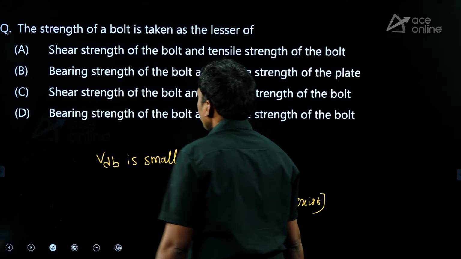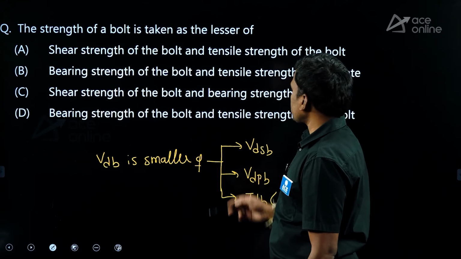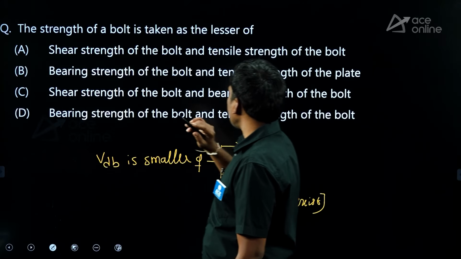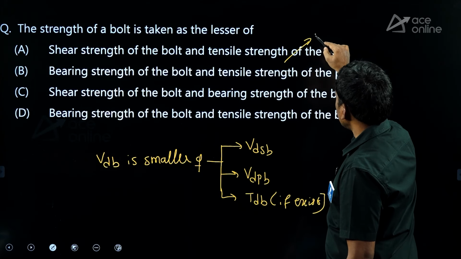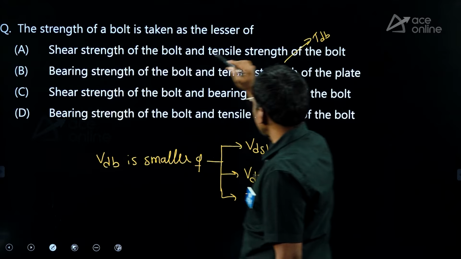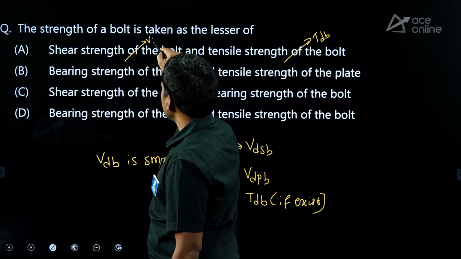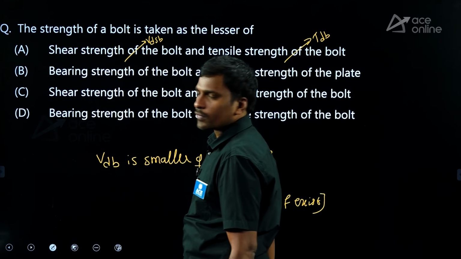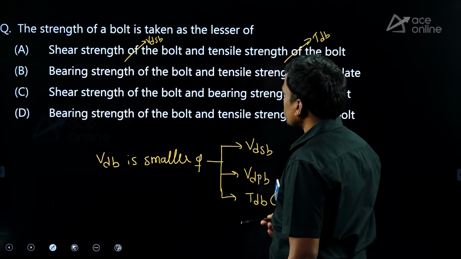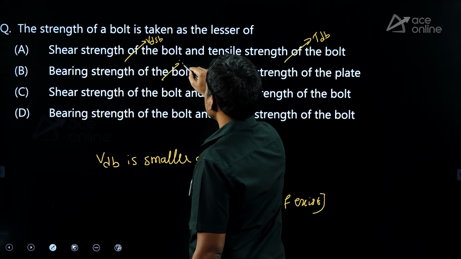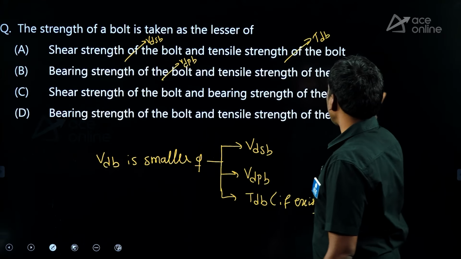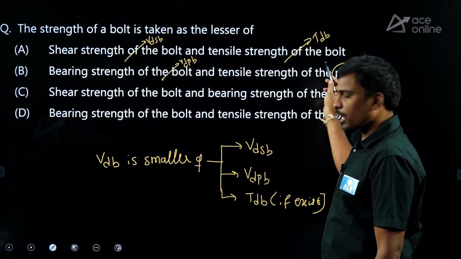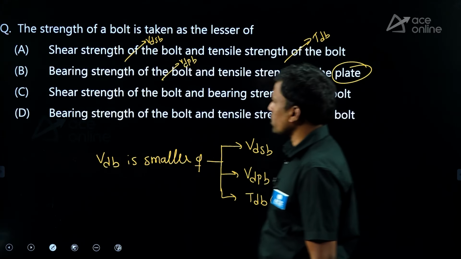What is given? Shear strength of bolt, this is VDSB, and tensile strength of bolt, this is TDB. Next, bearing strength of bolt, this is VDPB, and tensile strength of plate, this is wrong. It is not plate, right? These three are bolt strength only.